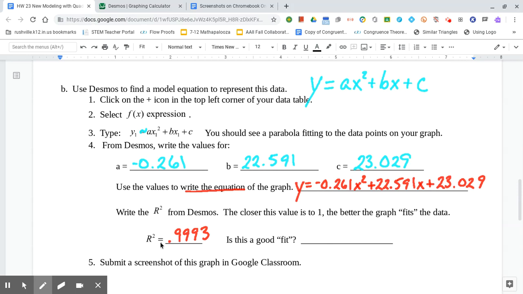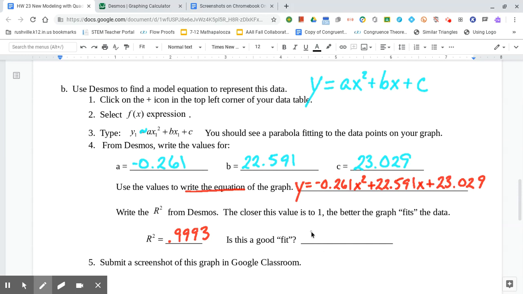What percent of those distances are explained by the angle values? And this as a percentage is 99.93%. So R squared is telling us that 99.93% of our distance calculations can be explained by the angle of release. And 99.93% is about as good as it gets. Obviously, maximum is 100%. So we can't get much better than this.